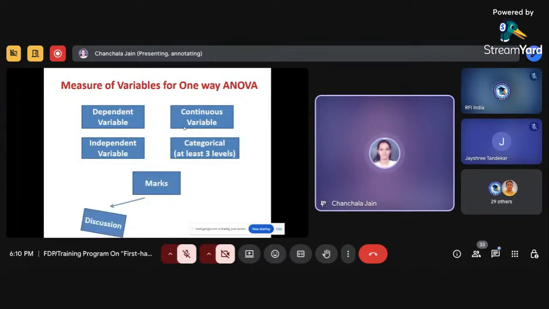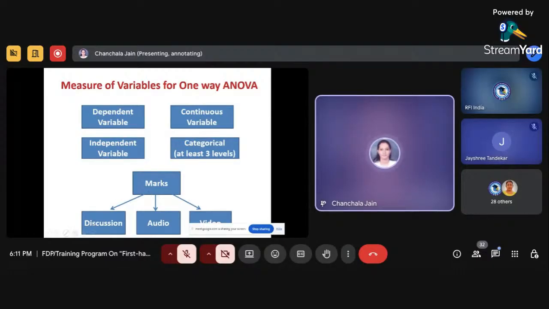For example, suppose I want to compare the marks of the students who have studied using the discussion method, audio method, or video method. So here marks can be our dependent variable, which is continuous or numeric in nature. Then discussion, audio, and video are the teaching methods, so teaching method is our independent variable.